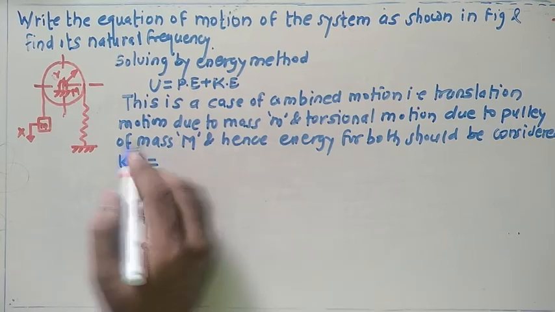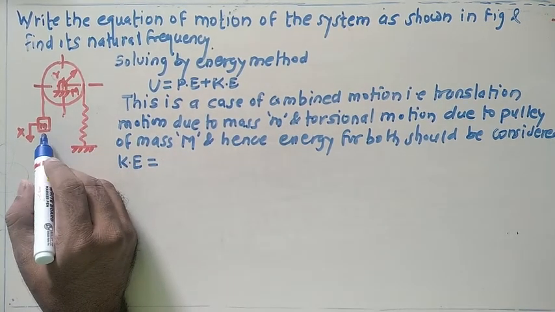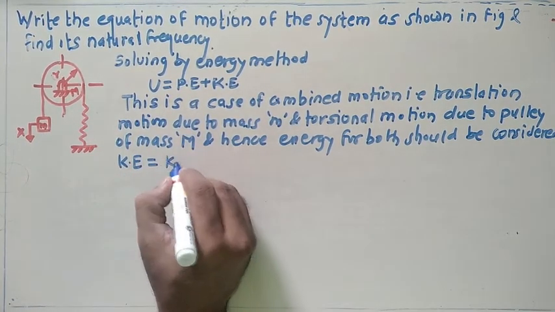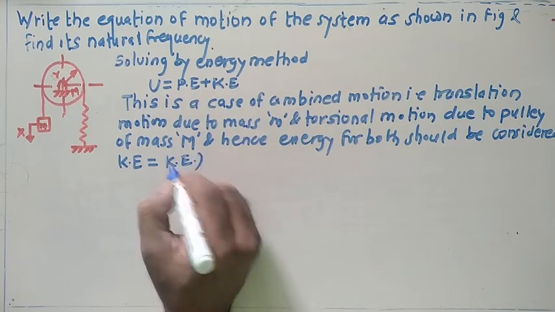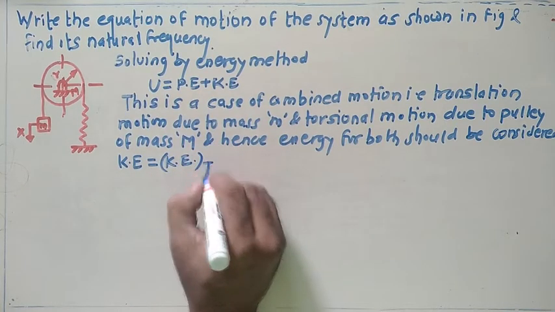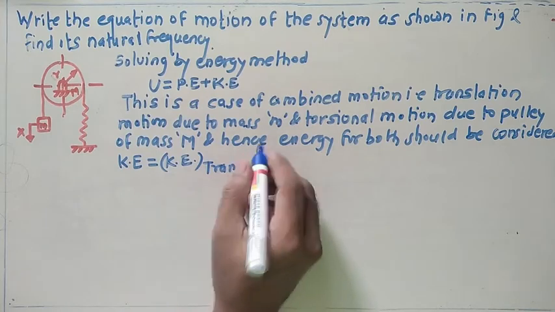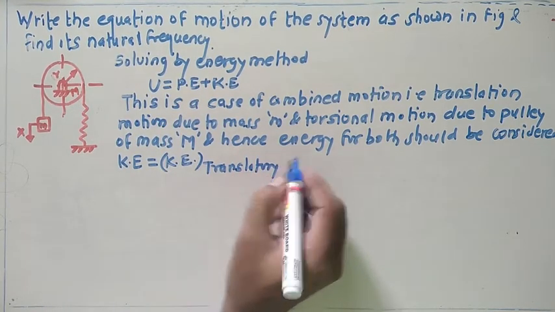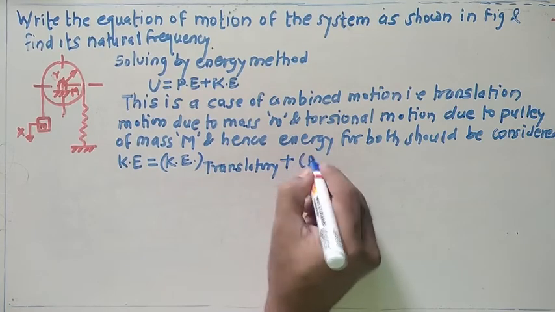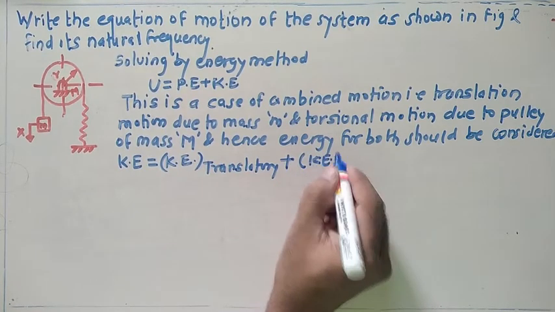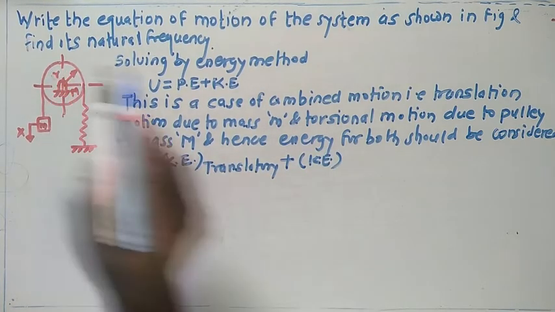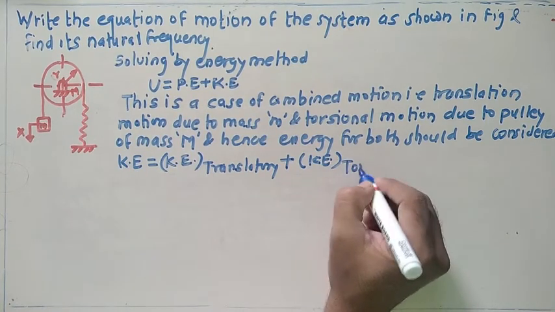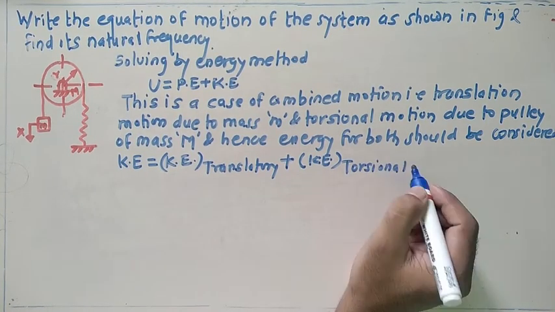It consists of the kinetic energy possessed by this small mass because of the translatory motion, or the linear motion, as well as the kinetic energy possessed by this pulley because of torsional or rotational motion.